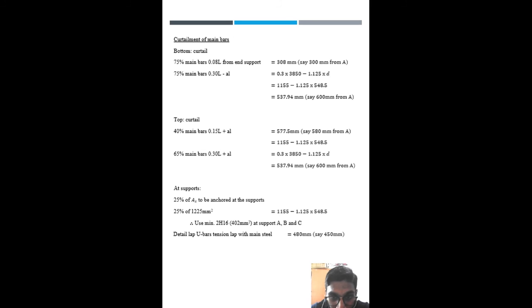And at support, we use minimum 2H16 as 402 millimeter square at support A, B, and C. And then for the tension lap with main steel, it is 480 millimeter, and we say 450 millimeter.